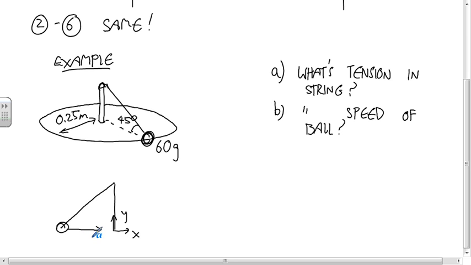And we don't know the speed in this case, but we'll just represent the speed as capital V, and then we'll end up solving for that later. So a_c is equal to v squared over the radius. And 1 over 0.25 is the same thing as 4, so we can write this as 4v squared.